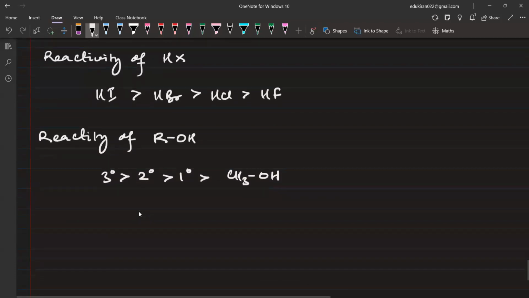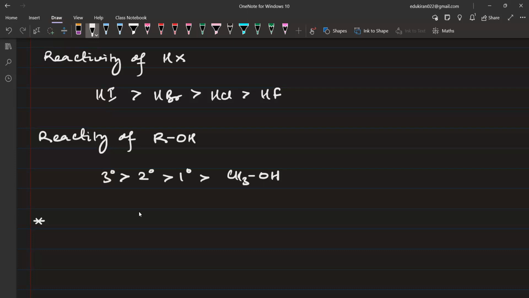एक और चीज जो हम लोगों ने देखी थी is that Lucas reagent. Before writing about the Lucas reagent, you write a point that we did not discuss in the preparation of alcohol, but we have to discuss in the properties of alcohol.